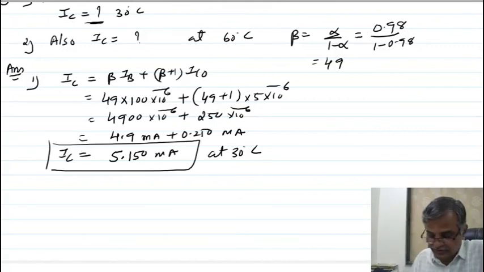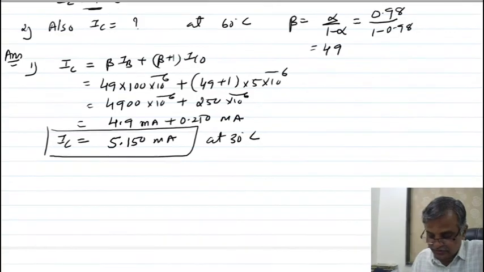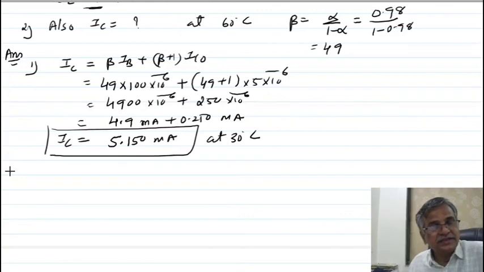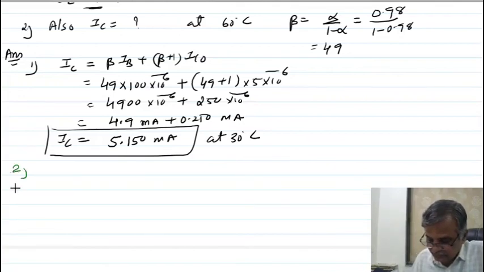Already during the lectures we have discussed that leakage current will be approximately double for every 10 degree rise in temperature. ICO is 5 microampere at 30 degrees centigrade.